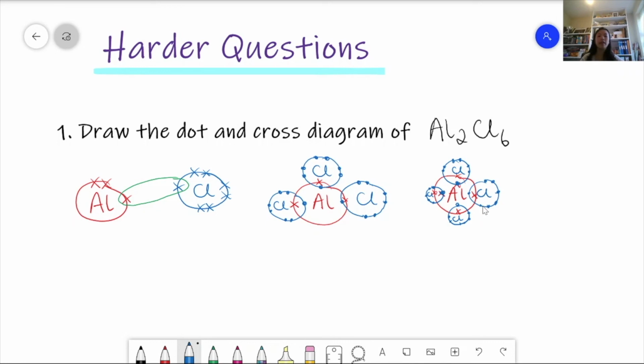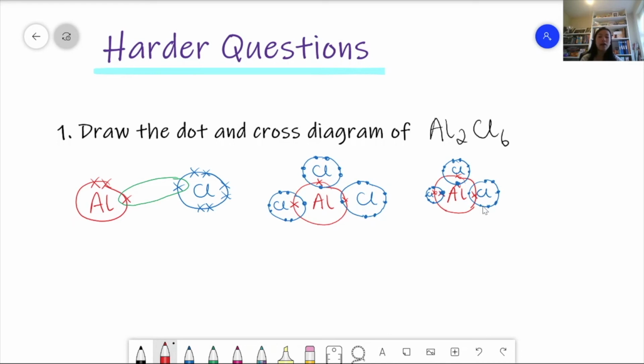Okay, so then we think, how do I bond this aluminium with a chlorine, because the aluminium now has 1, 2, 3, 4, 5, 6, 7, 8. That's because there's only supposed to be 3 on there. So each aluminium only has 6 electrons, and we need 8, so that means it needs 2 more. But how do we get the other 2?